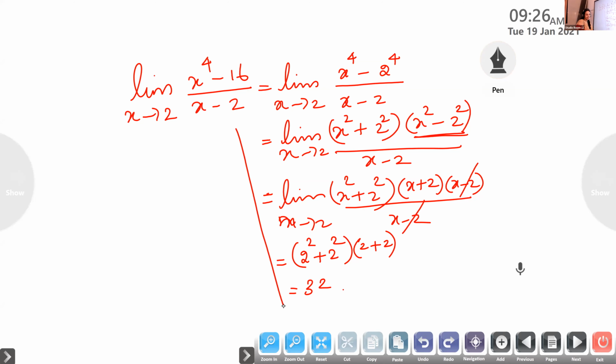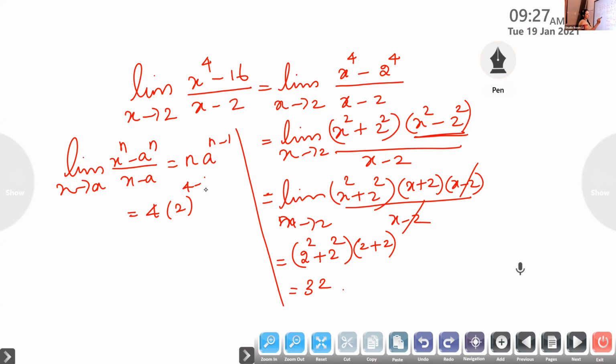So this is one method suggested by Karthik. We are using the identity a square minus b square. What is the other method we have learned? We can use the identity, the formula: limit x extending to a, x raised to n minus a raised to n by x minus a is n into a raised to n minus 1. So here in the place of n we can put 4. 4 into 2 raised to 4 minus 1.